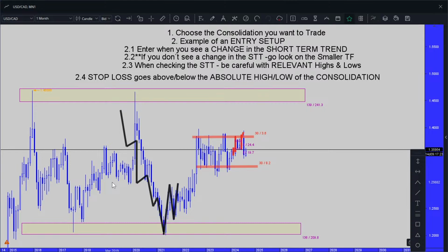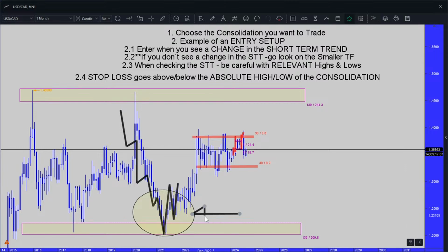To spot the change in the short-term trend, everybody, pen and paper, let's write this down. For you to spot the correct time to buy down in here, you must see a change in the short-term trend. Make sense?